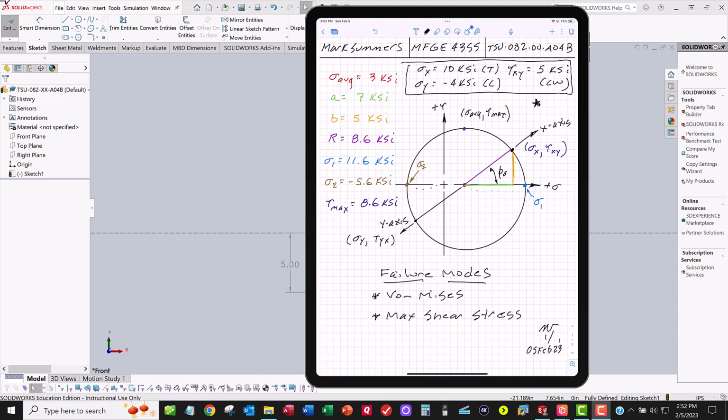And depending on the sign, plus or minus, of the values that you're given, sometimes your x-axis will be over here to the top left, negative sigma, positive tau, third quadrant or fourth quadrant. So you have to follow these rules and make sure you get the signs correct, because your circle and your x-axis are going to point in different directions depending on those starting values. Pay attention to the pluses and minuses as you calculate those values and draw your Mohr circle.